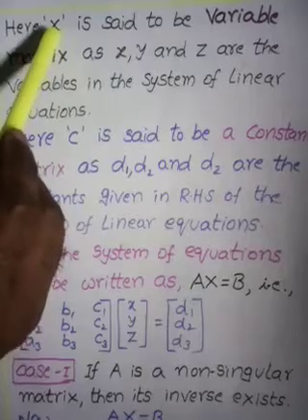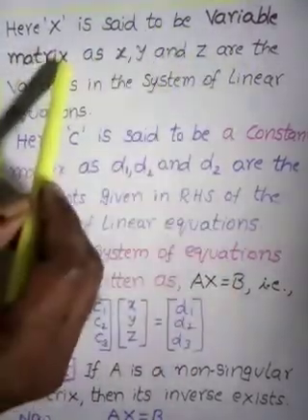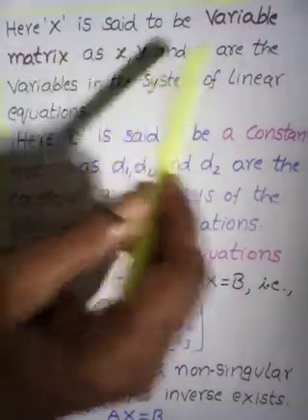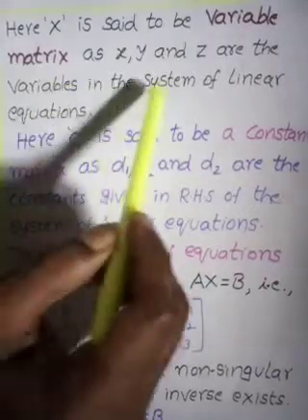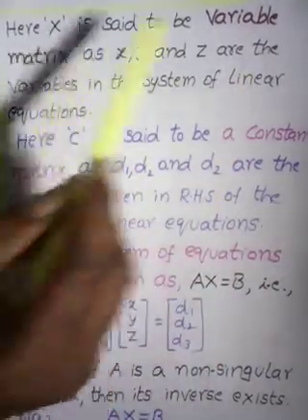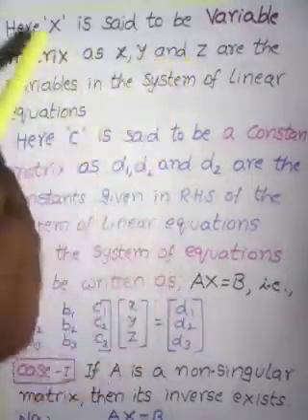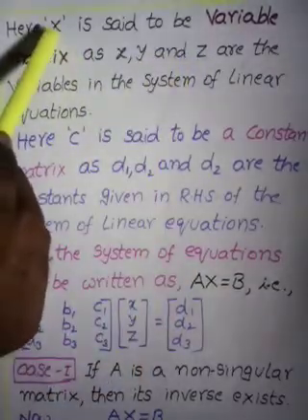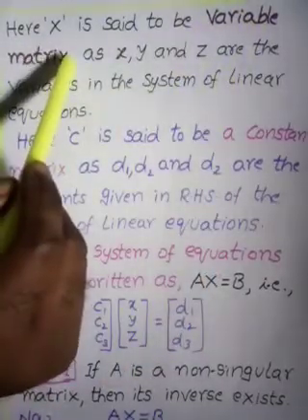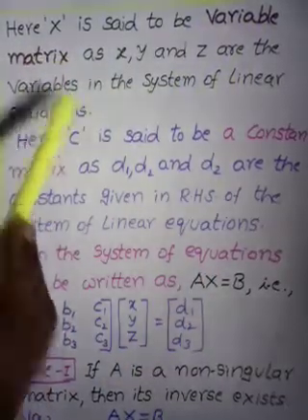Here matrix X is said to be the variable matrix as x, y and z are three variables in the system of linear equations. You know the letters x, y and z are said to be variables. That is why this matrix X is said to be a variable matrix. Okay, my children, understood this one?